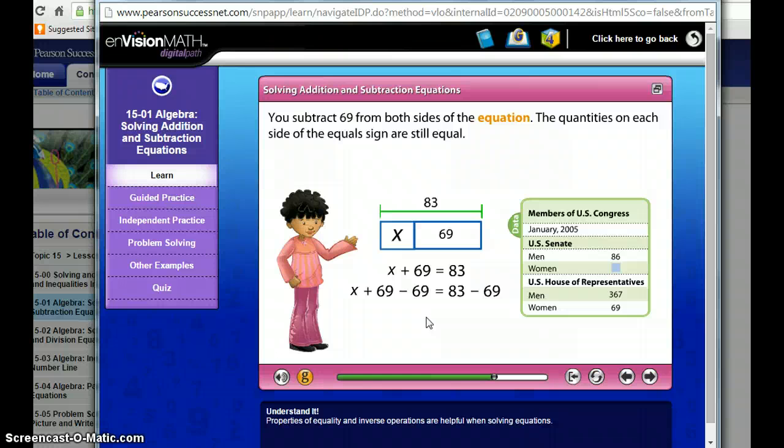What you do to one side of the equal sign, you must do to the other. So I'm going to say also minus 69 over here. All I have left here is x equals, and then when I subtract, I get 14. x equals 14. You're working backwards.